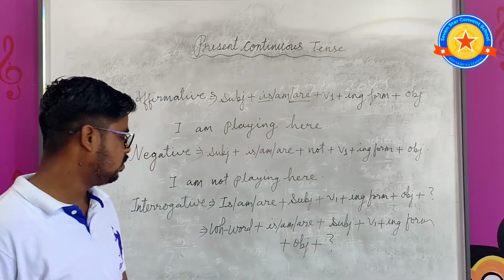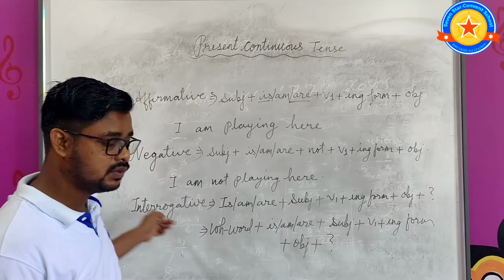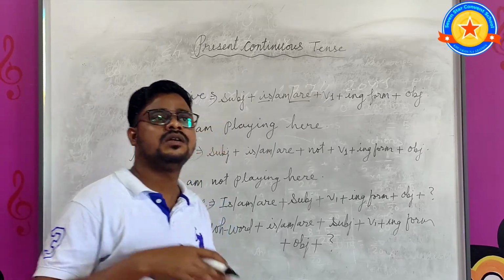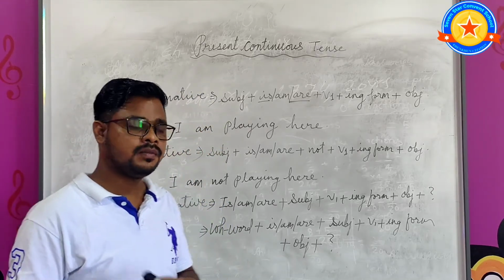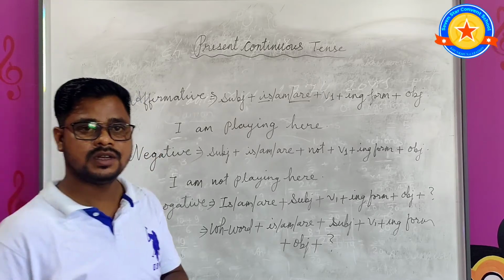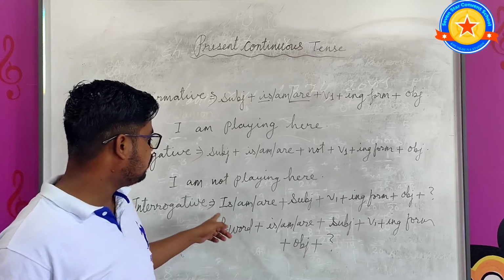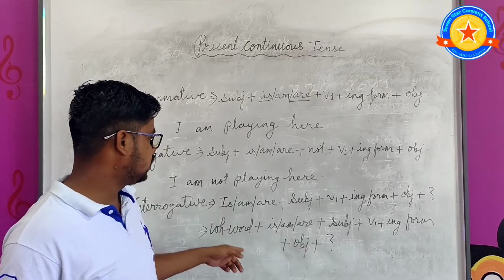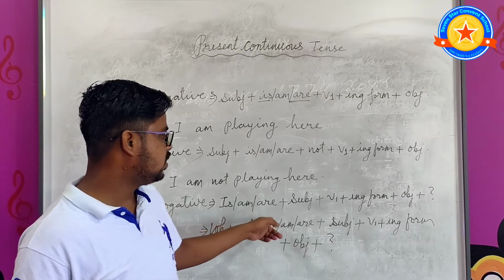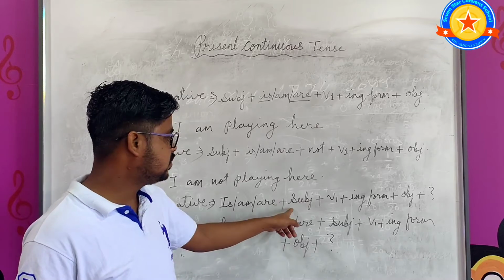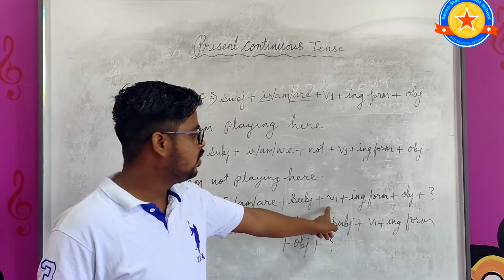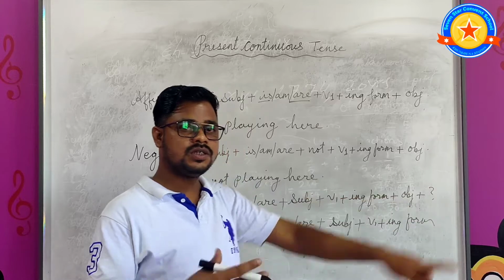Just now I told you that interrogative sentences are of two types. In yes-no type, before the subject is, am, are is written, and after the subject, the ing form of the verb plus object plus question mark.